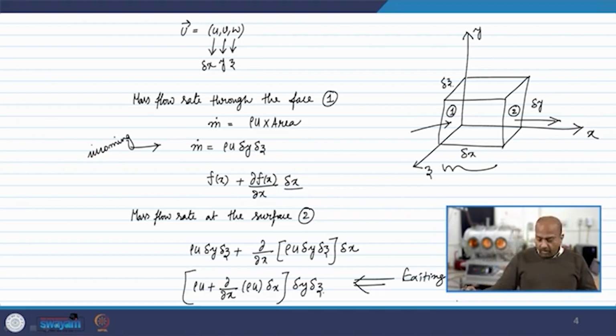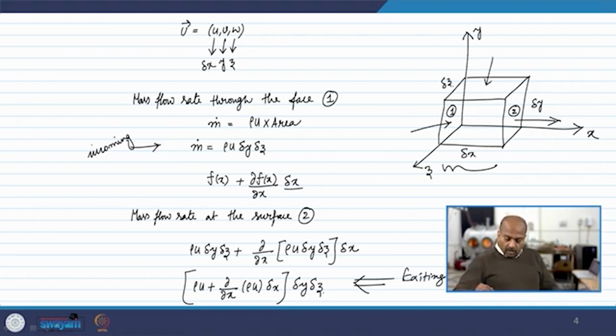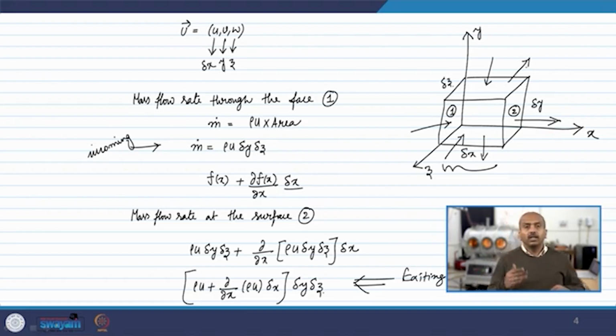So, that means that you have to be able to write the flux going in and coming out from all the different phases, right, and then you have to sum all of them and then comment on what are the parameters on which the rate of change of mass will actually depend. Okay. So, we will write the direction.